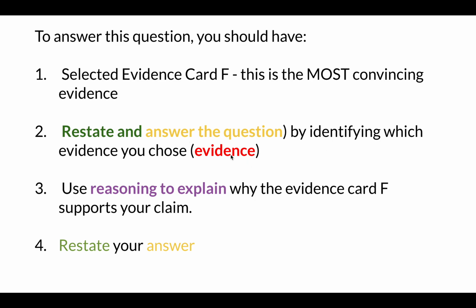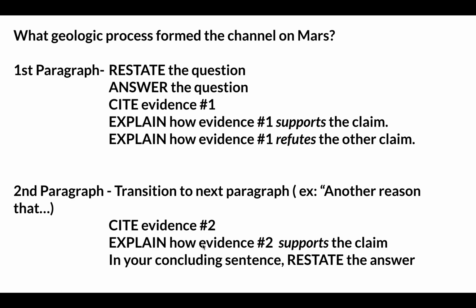You have to tell me evidence card F, and then use reasoning to explain why the evidence card F supports your claim. This is going to be key concepts. This is going to be background information. And then lastly, restate your answer. Okay? This is what you're going to be required to write for your scientific argument on Monday.